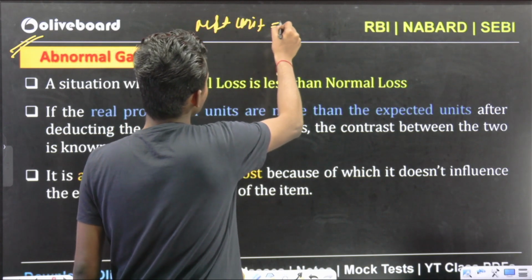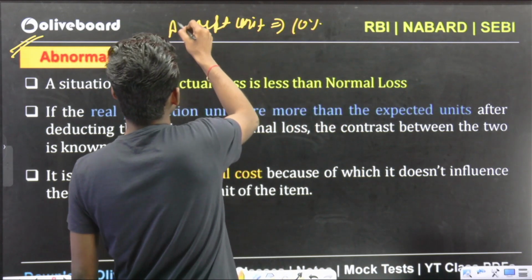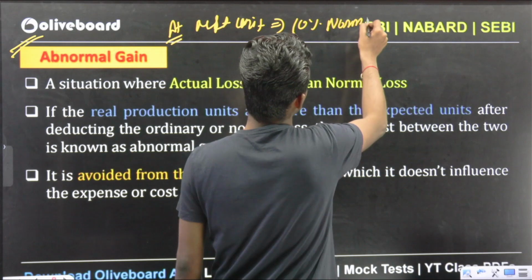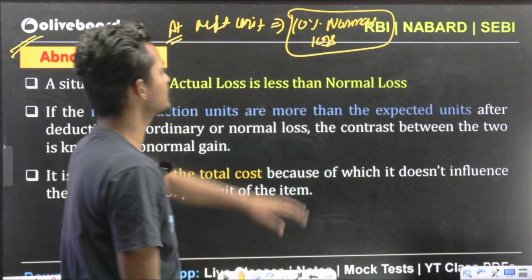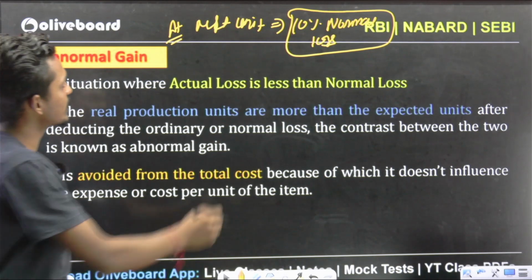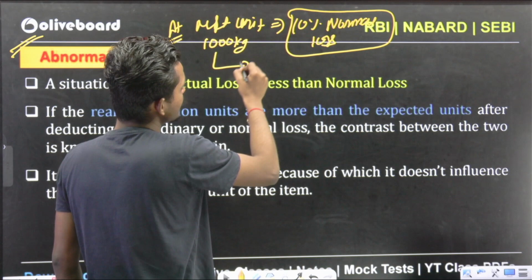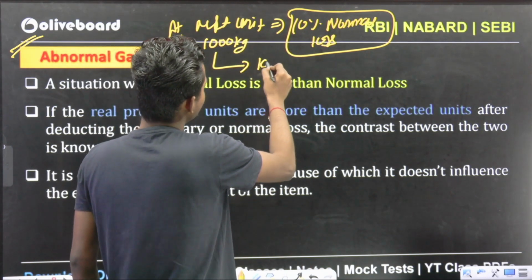Yes, we know very well, when I am manufacturing a particular unit, I have a compulsory normal loss, because it's a part of the production. At the time when I am manufacturing this unit, I have a compulsory 10% normal loss. Yes, sir, I know very well. So let's say assume I am manufacturing 1000 kg of this unit. For that purpose, I have a normal loss of 10%, that is 100 kg.